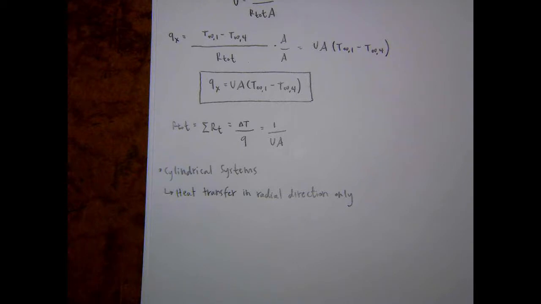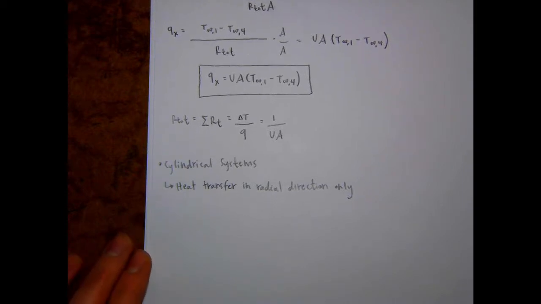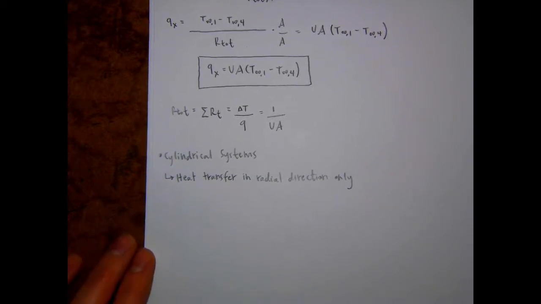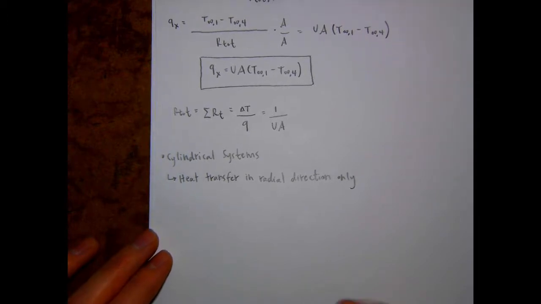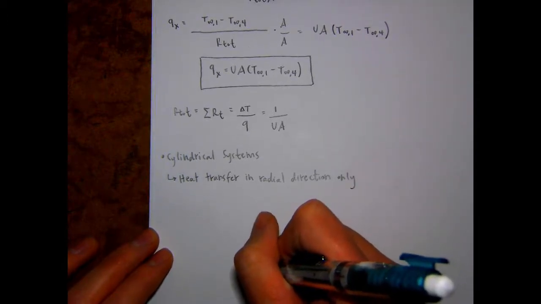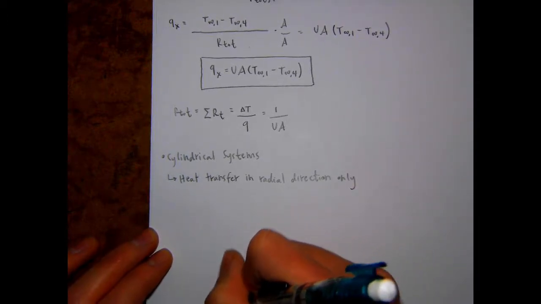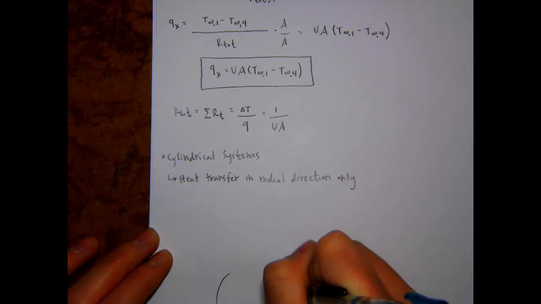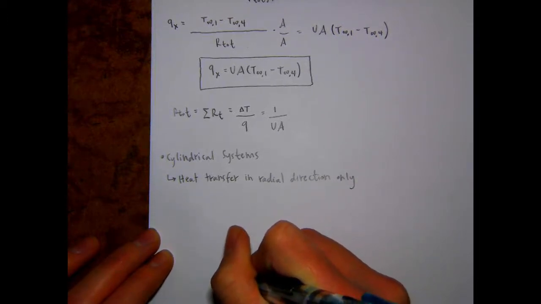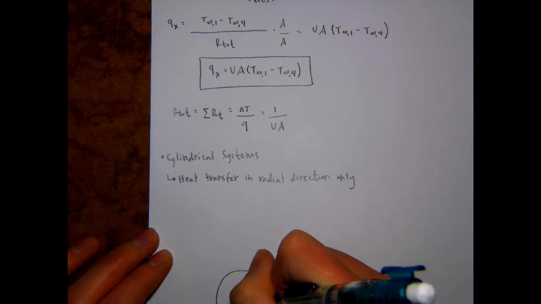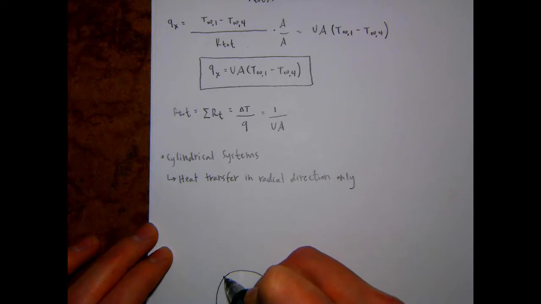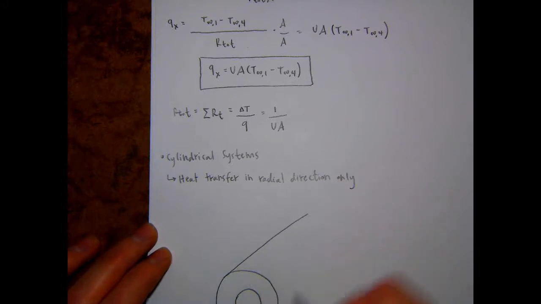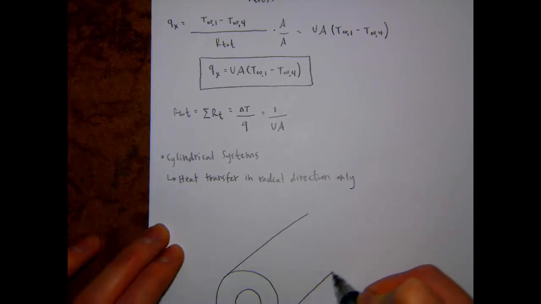So we're going to now talk about a hollow cylinder that has some hot fluid moving through it and some cold fluid moving over it. It is helpful to draw this out, but it's a little challenging, so I'm going to give it a try. So we've got the outer radius, the inner radius, and then a perspective on it.